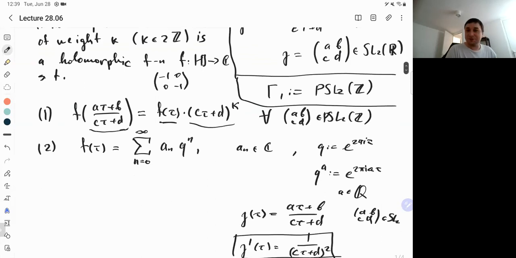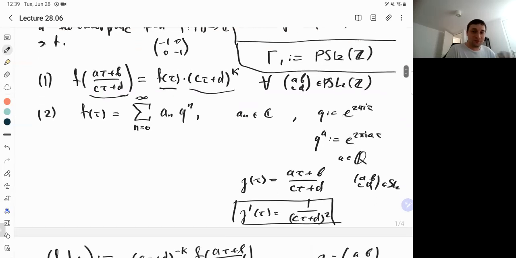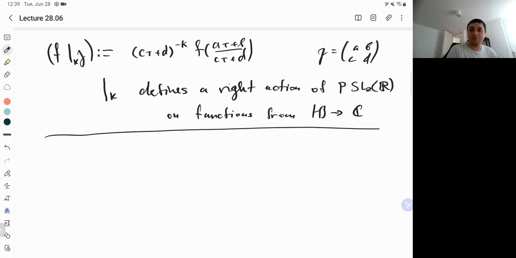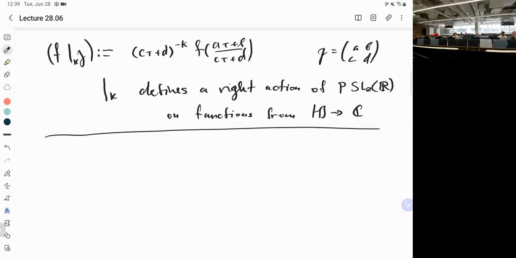So this definition is just not the right thing to use for general theory, but for the purpose of this minicourse, it's easier to only work with even weights. Thank you. Okay.